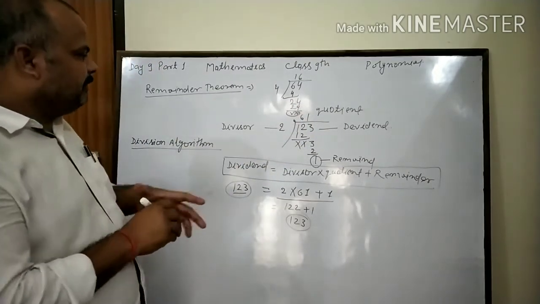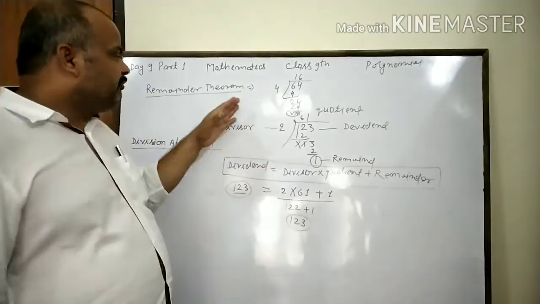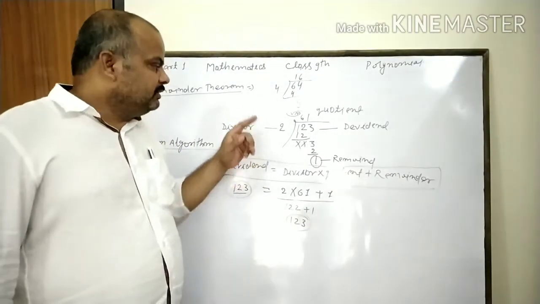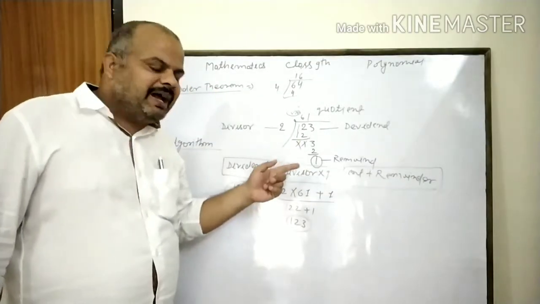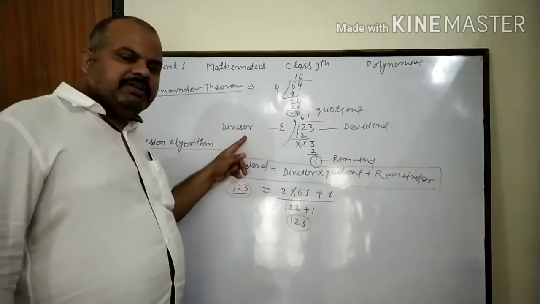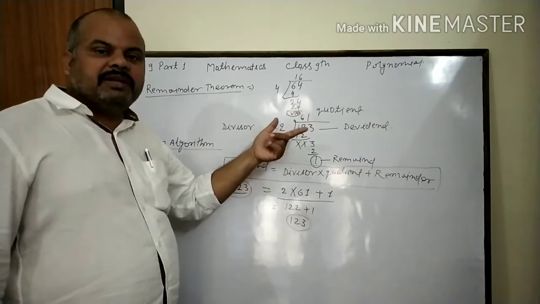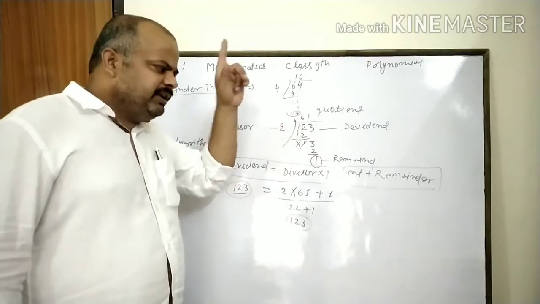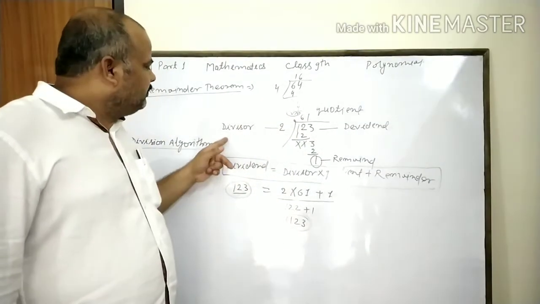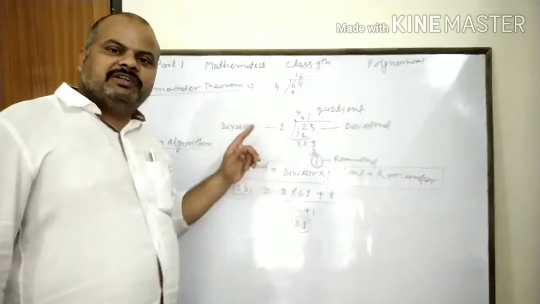Here the remainder is 0. Then what about the remainder? The remainder is always less than its divisor. Sometimes it will be 0 and sometimes it will be other than 0, clear? But each and every time it will always be less than its divisor.